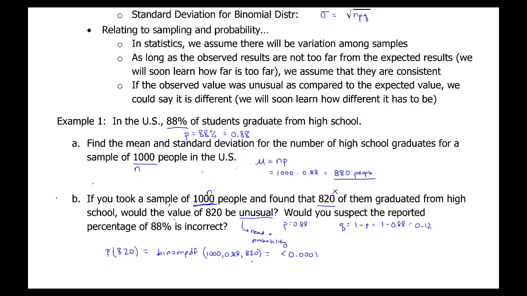But if you think of a sample of 1,000, you could get any number from 1 to 1,000 as your result for x. So the probability of any single x is going to be very small. So you could say that's unusual because again it's less than 0.001. That's unusual.